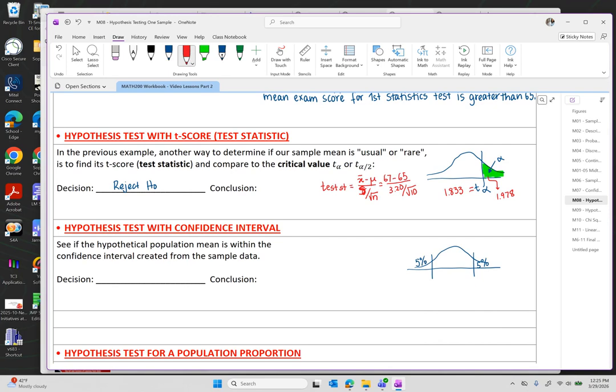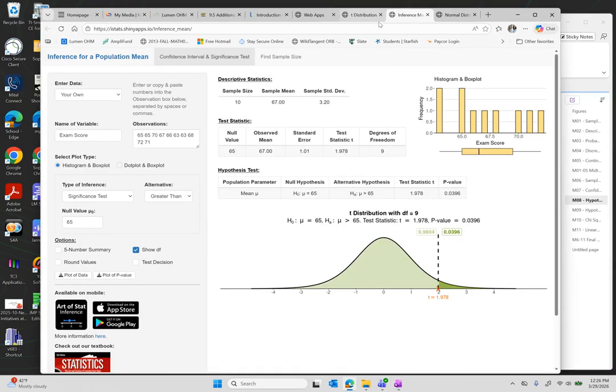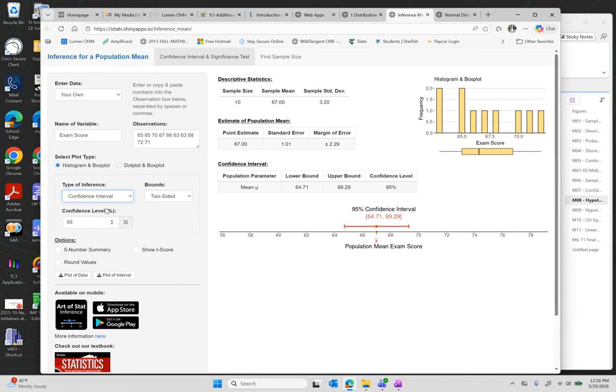Remember that your confidence interval is centered about your x bar, but luckily the Art of Stat app for the inference of the mean can also give you a confidence interval here. If you want it to be two-sided and you want that probability to be 90%, so that every tail can have a 5% probability. We do give our own data. The data is already logged in.